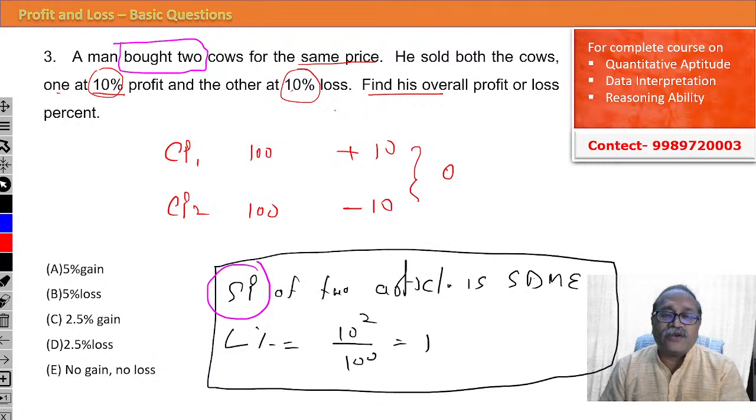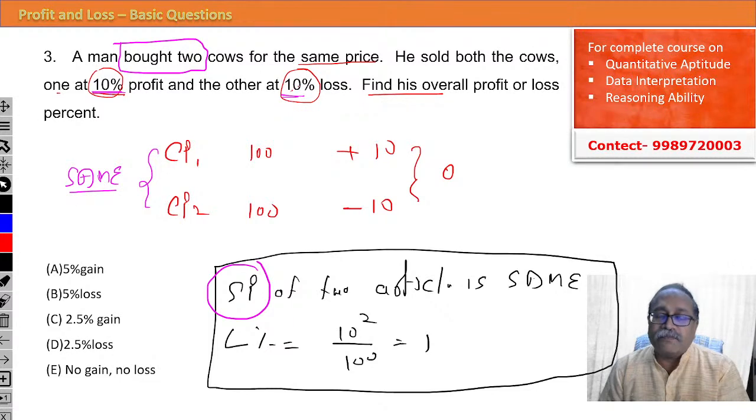So in this case, we take the average of the profit or loss percentage. Here I can see 10% profit and here 10% loss. Whenever the cost price of two or more articles is the same, then the overall profit or loss percentage is the average of the profit percentage and loss percentage, that is 10 plus 10 minus 10, because 10% profit is plus 10 and 10% loss is minus 10, divided by 2 since we have taken two items.